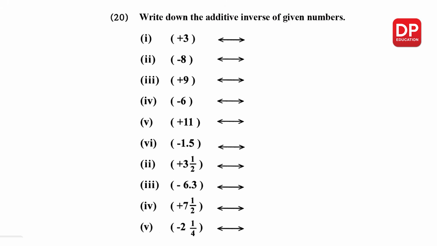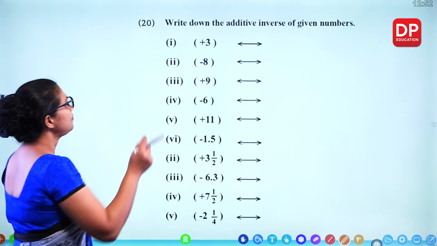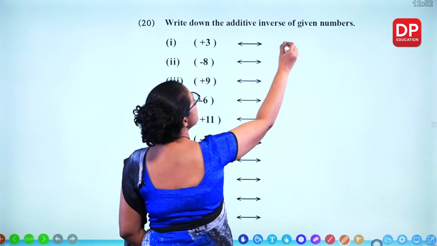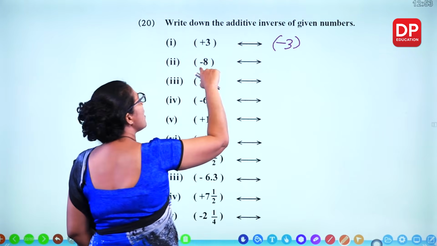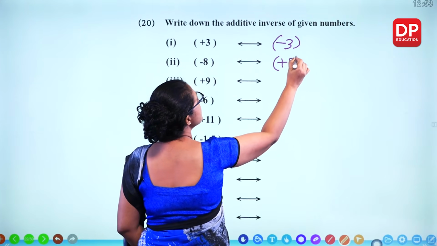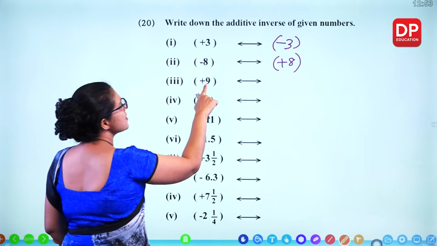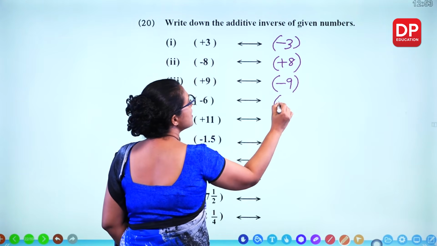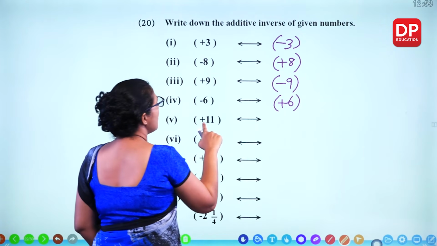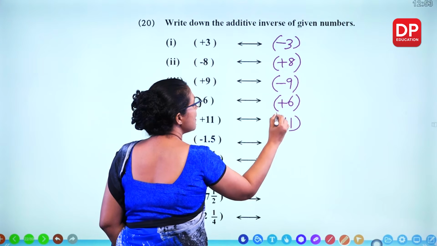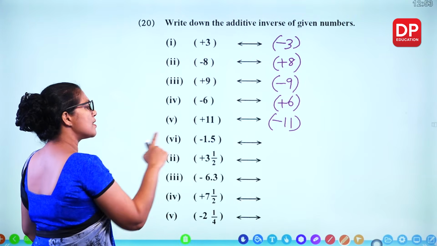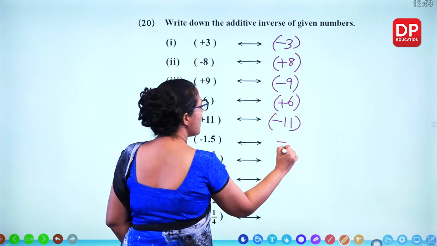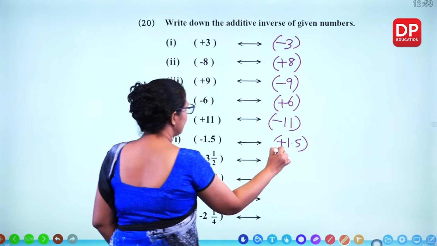Write down the additive inverse of given numbers. Plus 3, what's the additive inverse? Minus 3. Minus 8, plus 8 is the additive inverse. 9 is minus 9. Minus 6, that means plus 6. Plus 11 means minus 11 is the additive inverse. Minus 1.5, plus 1.5.